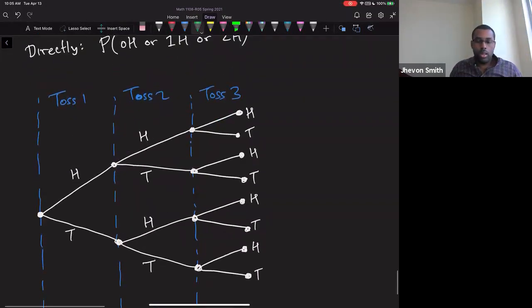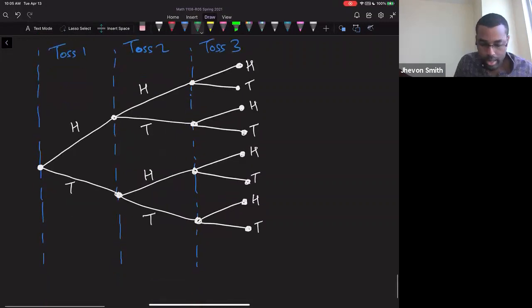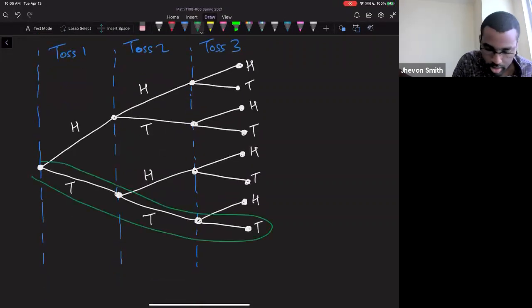All the ways I can get 0 heads, well, that's just getting all tails.